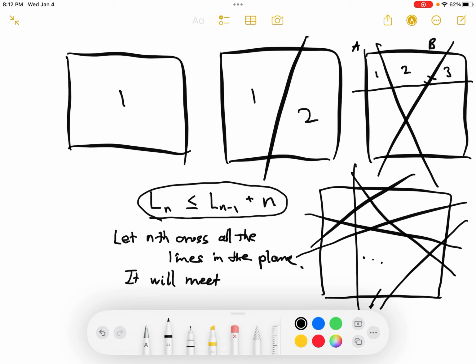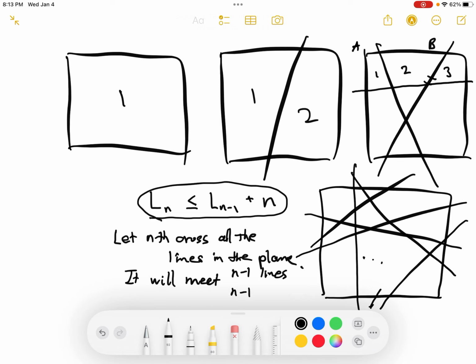We're going to draw the nth line such that it crosses all the lines in the plane. That means n-1 lines, and intersections all at different places.